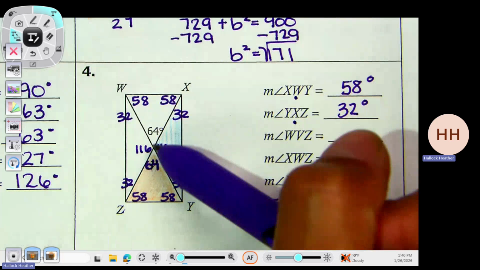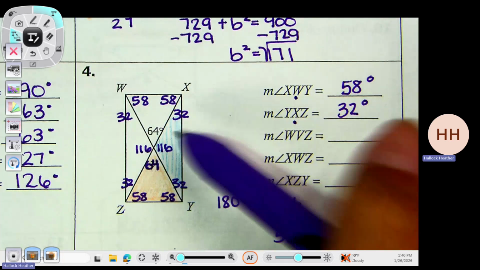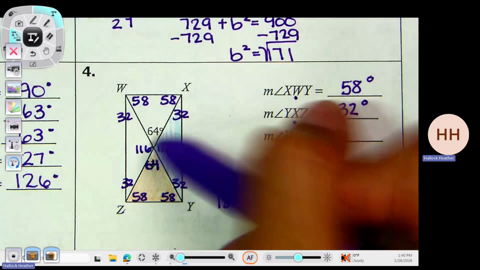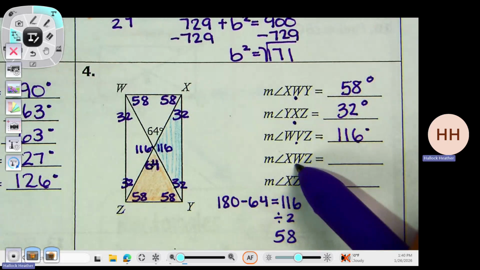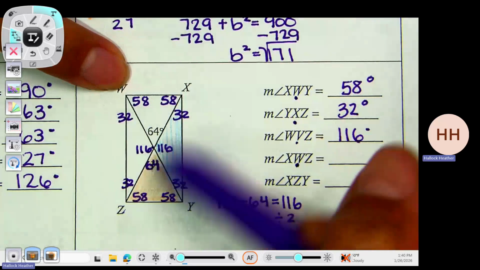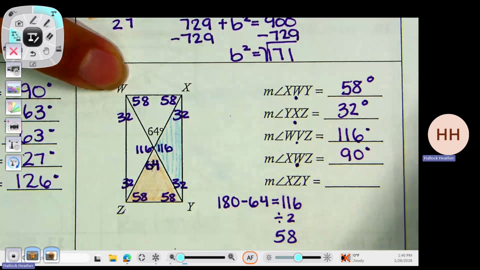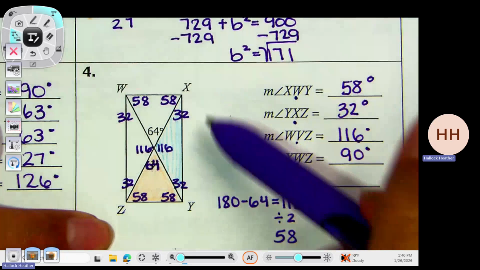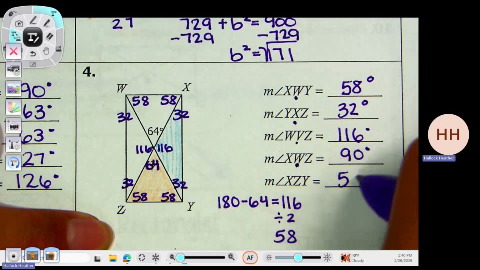How much is WVZ? Is it 32? Nope, because it's focused on B. 116. The next one's focused on W, but it says X, W, Z, 90, and then X, Z, Y. Is it 58? 90 because it's out?